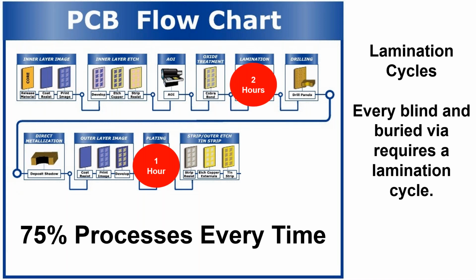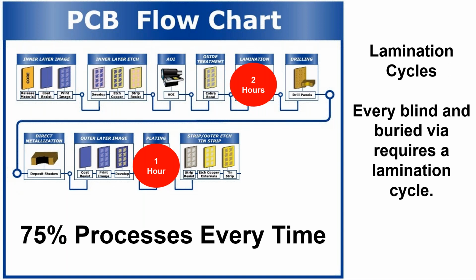The other thing to keep in mind is that it's not something that you can just go ahead and rush through, right? The lamination cycle between the hot and the cold press, it's got to stay in there for at least 2 hours in terms of the hot and cold, and many times it has to stay in longer. And you can't just heat it up faster, you can't just try to cool it down faster. A lot of these processes take the amount of time that they take.